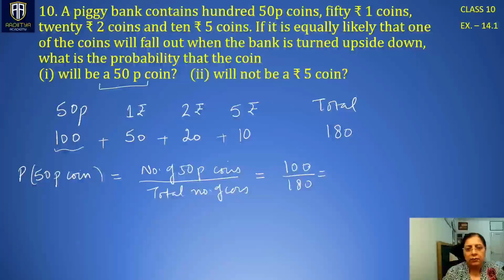So we have 10 by 18 or 5 by 9. And next part says will not be a 5 rupee coin. So this is also a complementary event. For that I am first calculating the probability of 5 rupee coin, right?